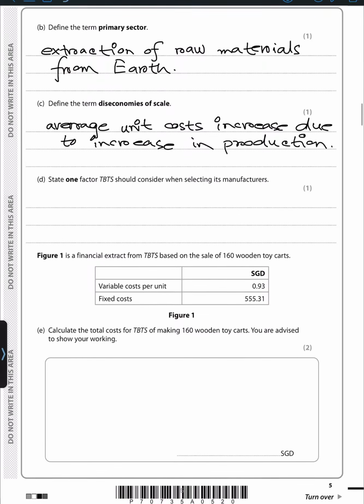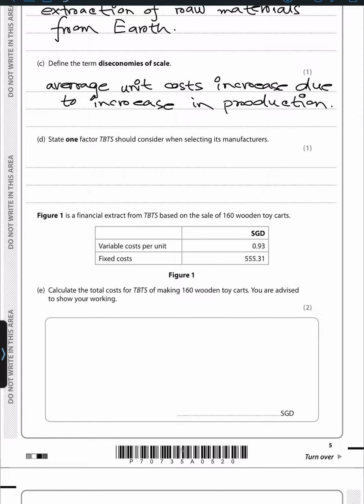All right. Now part D, state one factor TBTS should consider when selecting its manufacturers. So this is again just 1 mark, and we're asked what should the business as a whole think about when they are selecting its manufacturers. And it's important to keep in mind that we write about a factor which is very relevant to the objectives of TBTS itself.